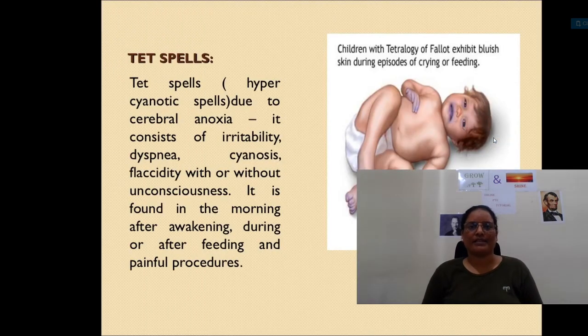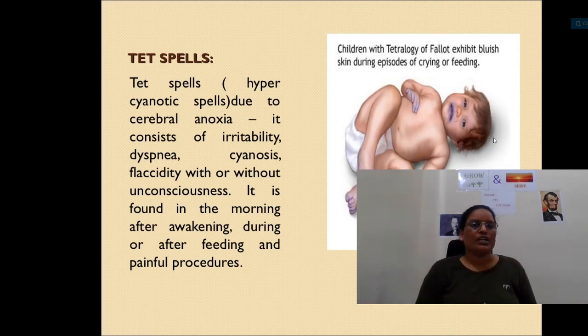Then TET spell, hypercyanotic spells. When the baby becomes cyanosed, as you see in the picture, lips are blue, and the hands or feet also become blue.